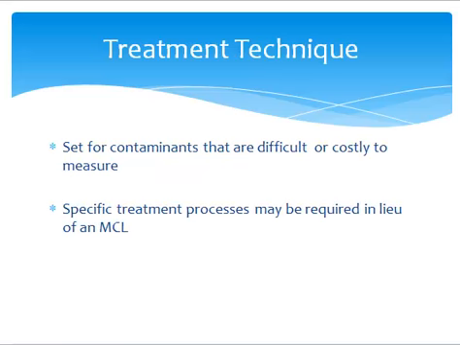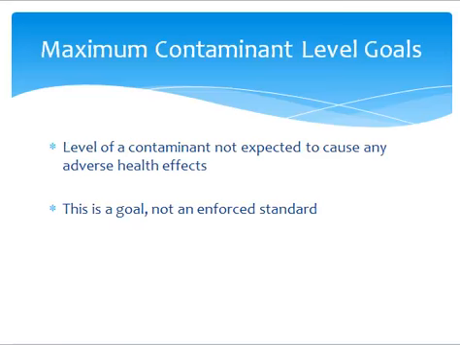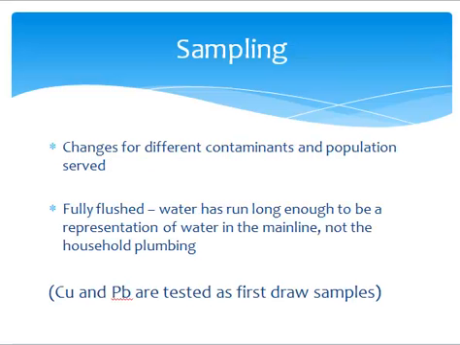When a contaminant is difficult or costly to measure, a treatment technique may be dictated as opposed to the MCL. Maximum contaminant level goals, or MCLGs, are just that, goals. However, for known carcinogens, the MCLG is always zero.